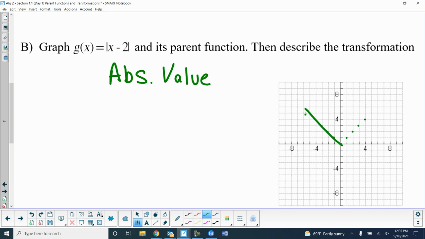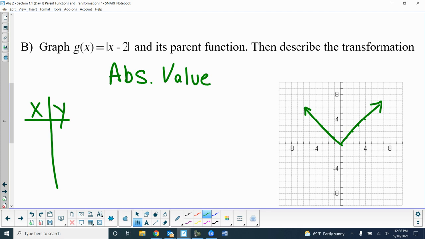So that's the parent function. Again, if your graphing calculator's not working, or you don't have one, you've got to make an XY table for this stuff and plug in numbers and see what happens.